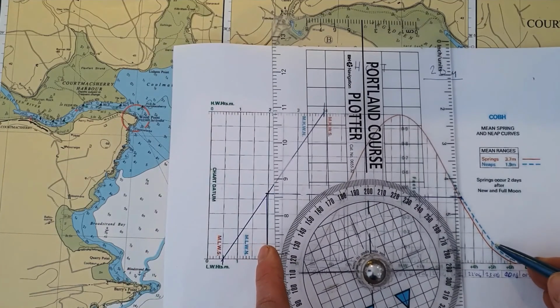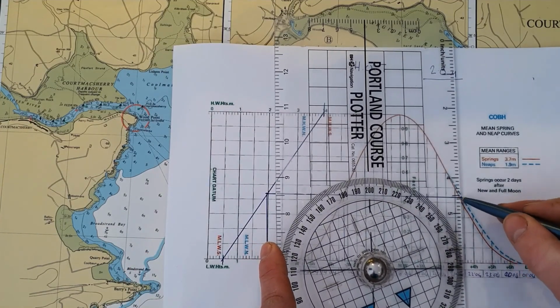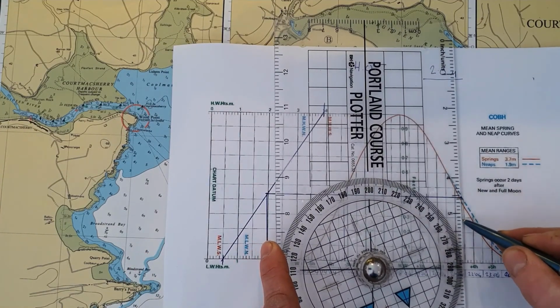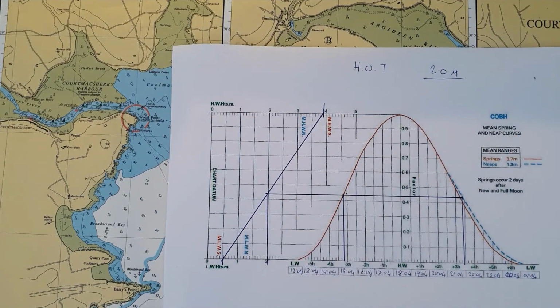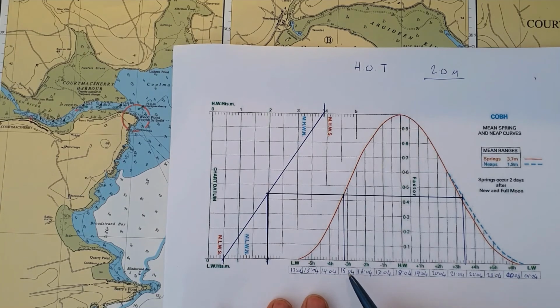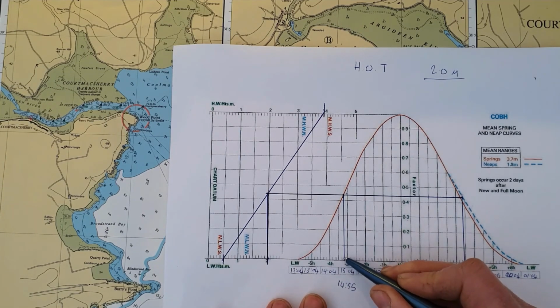here. And here. And it gives us 2 times. So it's going to give us a time here. This is 1504. So 14, let's say 1455 is this time here.